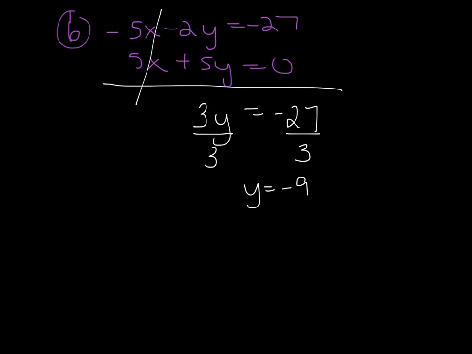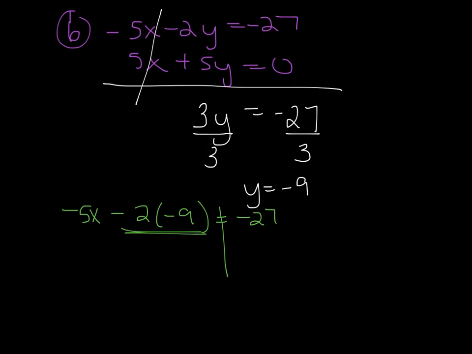So I have my y value, but remember we've got to find our x as well. So I'm going to plug this y into either one of those equations, doesn't matter. I'm going to do the top one, where I see a y, and then I'm going to solve for x. So this one's not as easy as the substitution because neither one of our equations is already solved. So we are going to have to actually solve this for x.